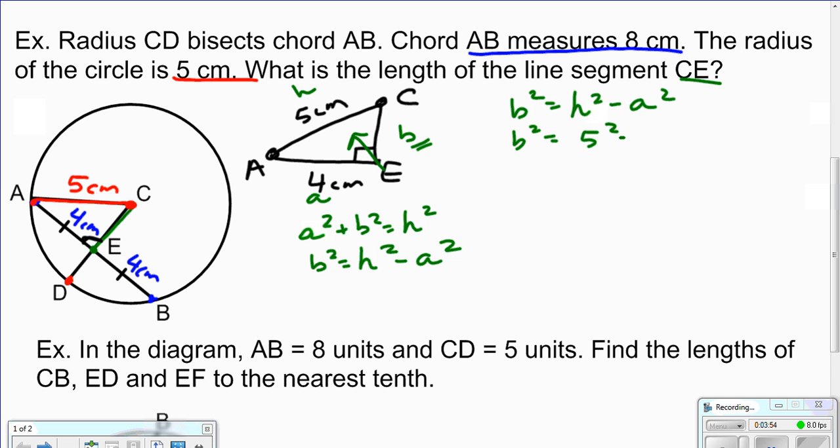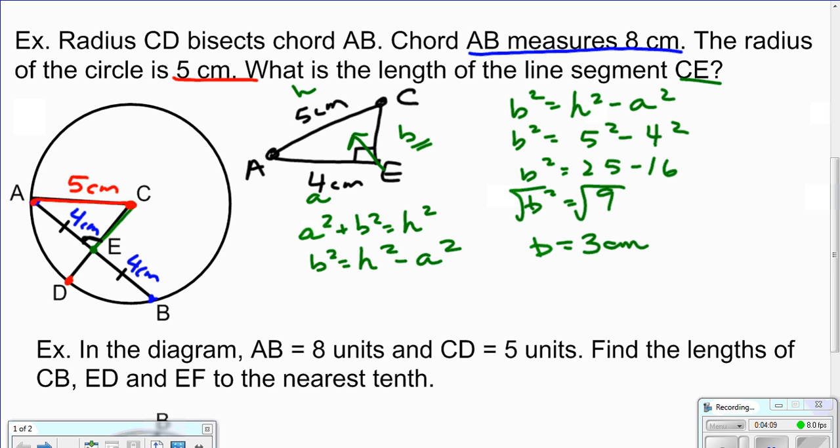So 5 squared, take away 4 squared. Making sure you follow your correct order of operations, so you're taking care of any squares before you subtract. And so you get a side length of 3 centimeters. So that means line segment CE is 3 centimeters.